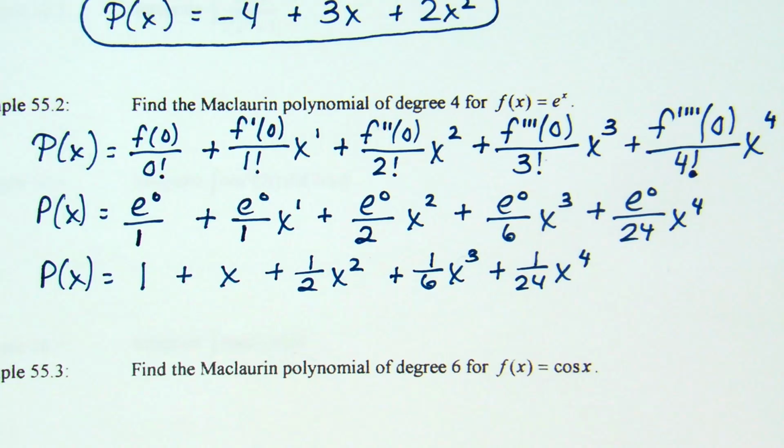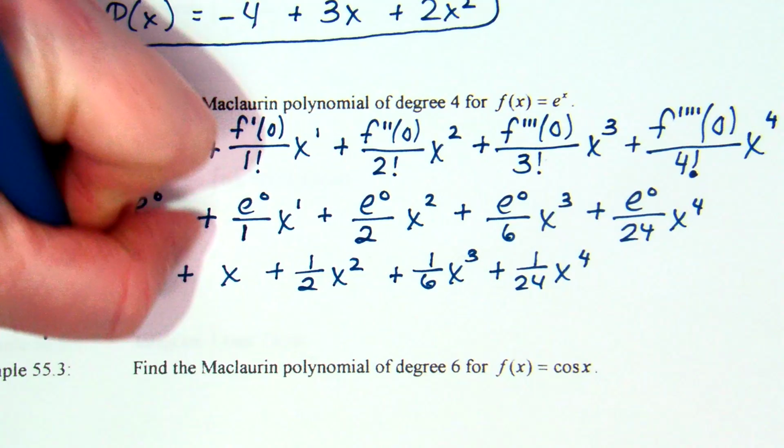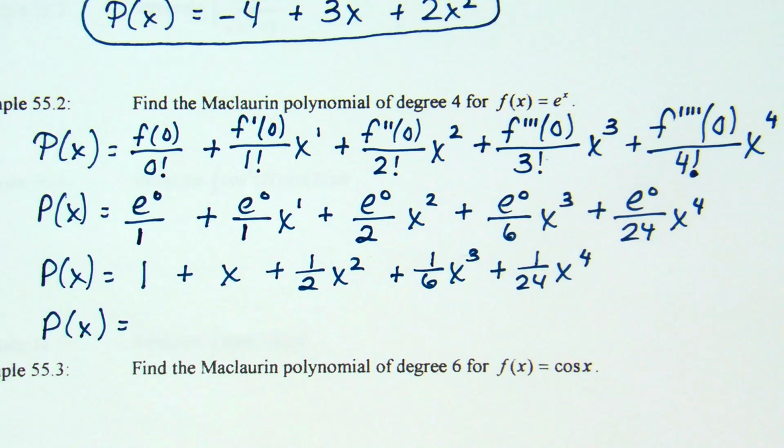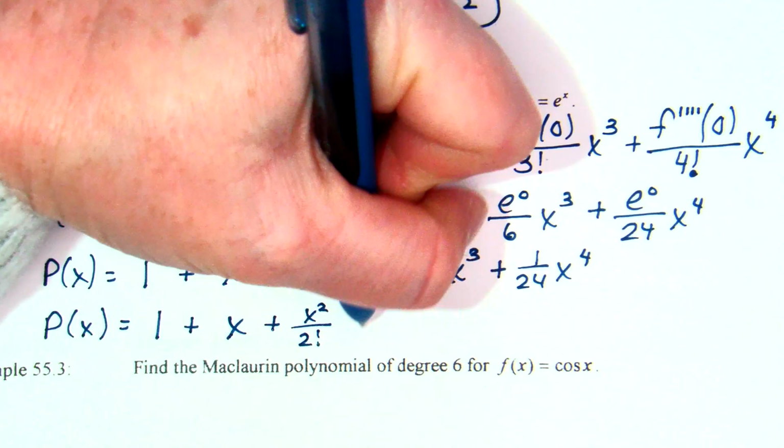The other way to write the answer would be leaving the factorials in the denominator instead of multiplying them out. Sometimes you need to multiply those factorials out because there's cancellation, there's simplification. Other times, there's not. So, 1 plus x plus x squared over 2 factorial plus x cubed over 3 factorial plus x to the fourth over 4 factorial.